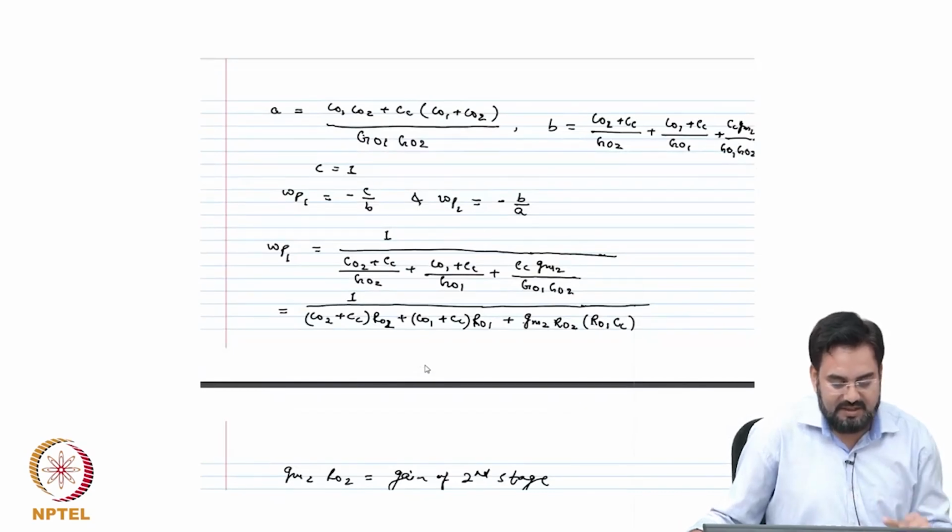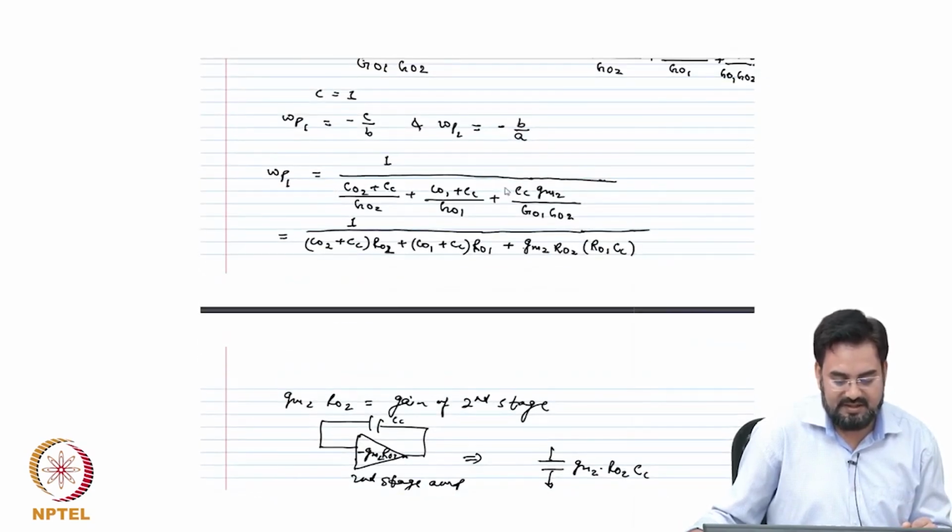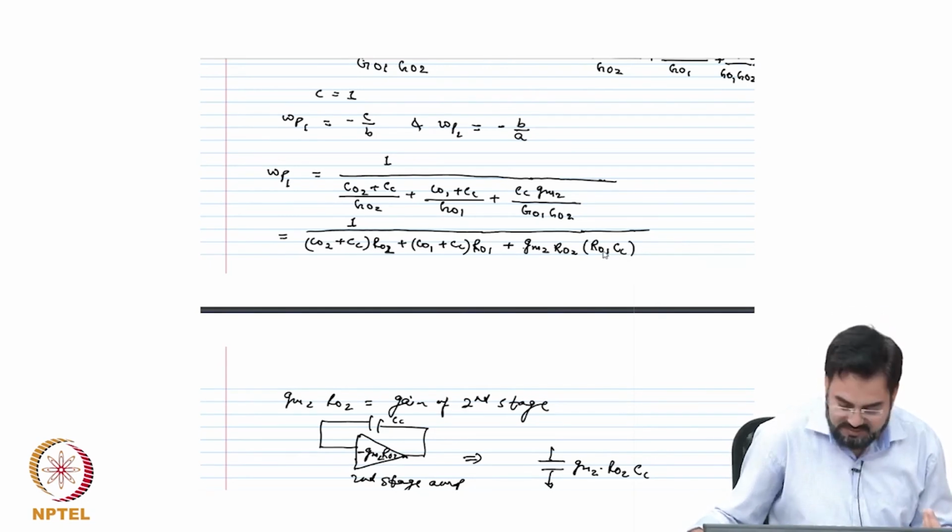So, from there we calculate, and this is what we find actually, and you can see here this is the Miller effect capacitor Cc multiplied by the gain. So, this was your original pole, RO1 CO1.